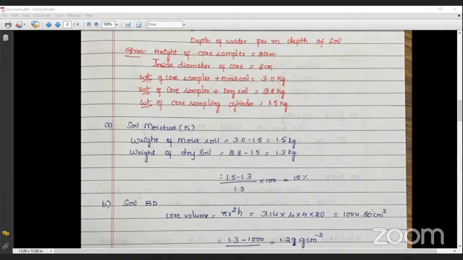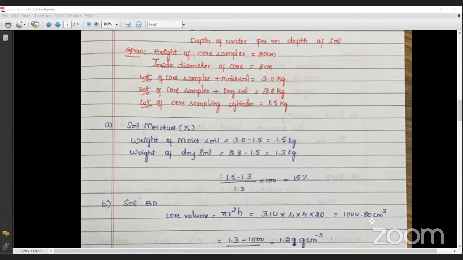Don't worry that it may give 1004 or that they have not given the 1004 option, because the pi value will not always be 3.14. So by considering that, they will give 1000 only, 1000 cm cube.